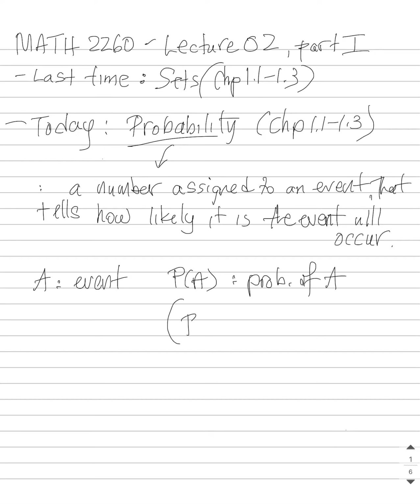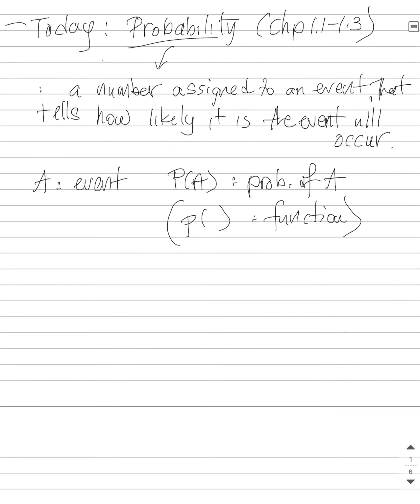Now, essentially, this P of whatever notation is kind of like a function, and the probability function is going to have some special rules attached to it. As a standard definition, we are always going to assume that the probability of any event is a number between 0 and 1.